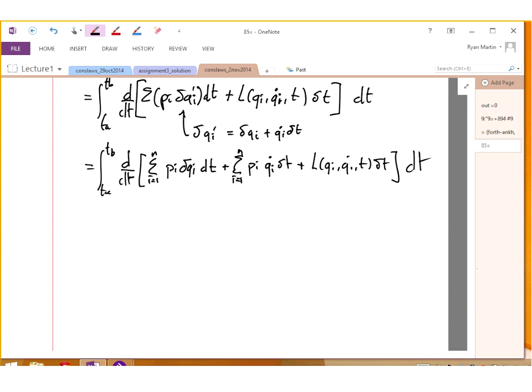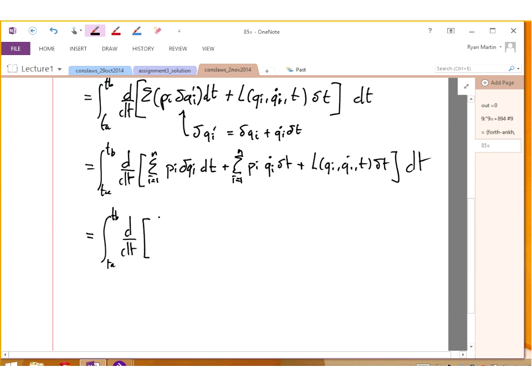So let me just group the terms that have delta t's together. So that's the integral from ta to tb of d by dt.